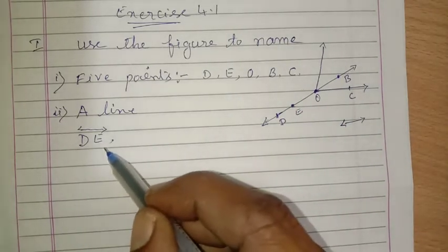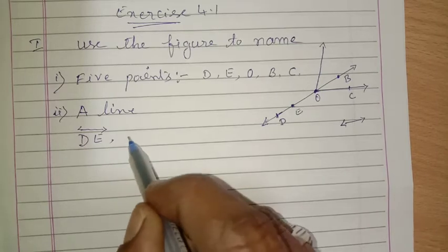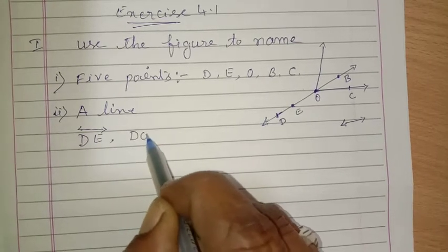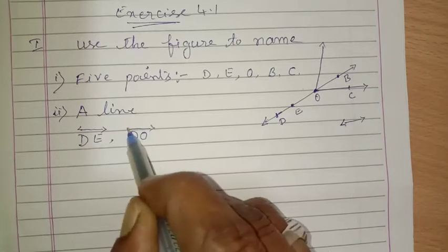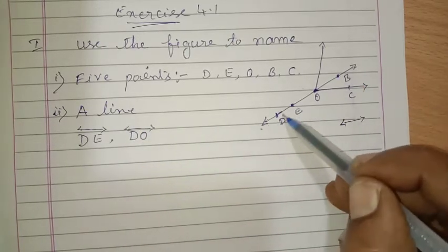Another one is line DO. This also shows the arrow mark on both sides.